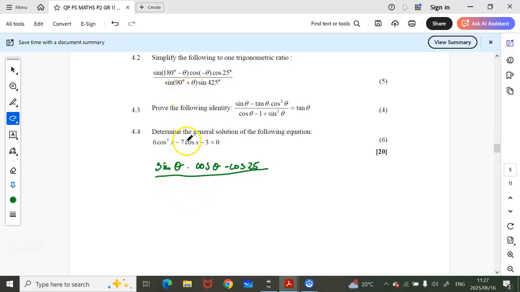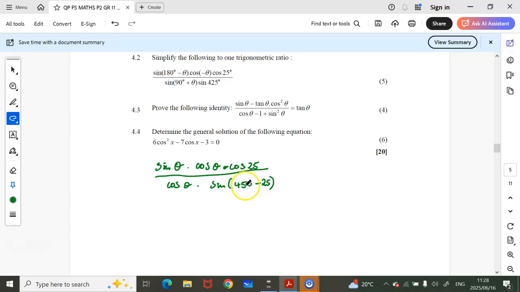Sine 90 plus theta, that is on the second quadrant, and sine is positive, but remember there's 90 degrees, so it's going to change to cos theta. And then sine 425. We're going to make sure here that we get something that will give us cos 25, and that is sine 450 minus 25.